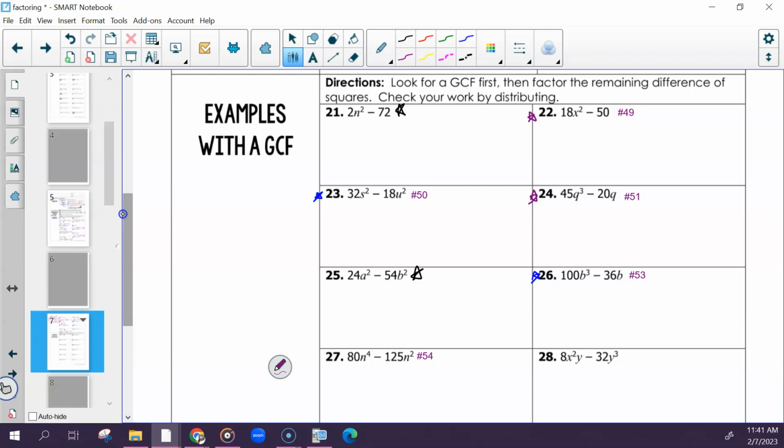As you're practicing, you can still use the Desmos GCD. Just don't rely on that too much, because you won't have that for the test and quiz. What did these have in common?